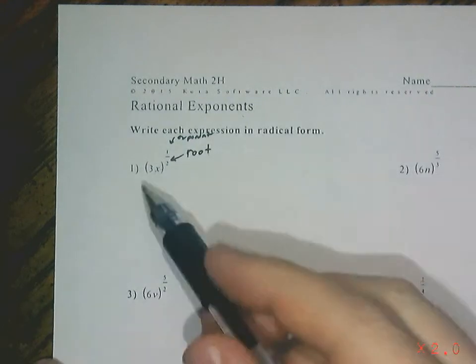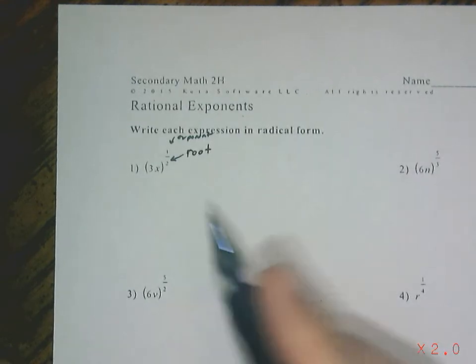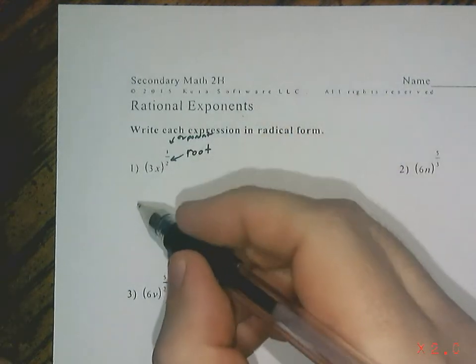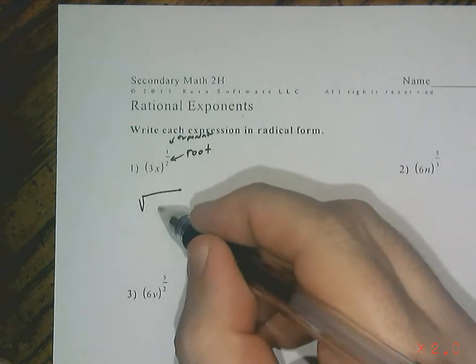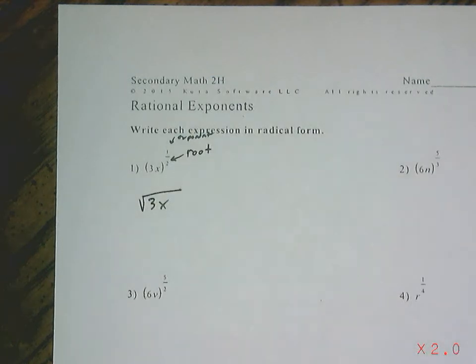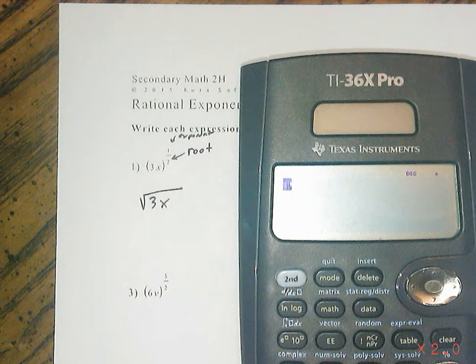So for example, you're not going to really end up raising everything to a power here, but you need to find this as a root of 2, or just a square root, right? To write this in radical form, we're just doing the square root of 3x. That's the same as saying 3x to the 1/2 power. And you can even check that. Let's do a square root, something easy. Square root of 9 is 3, right?